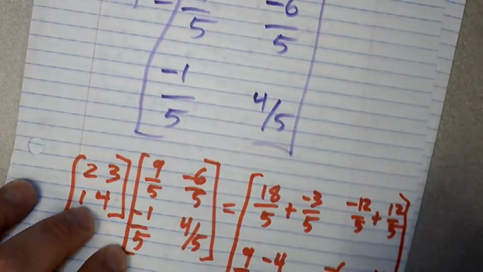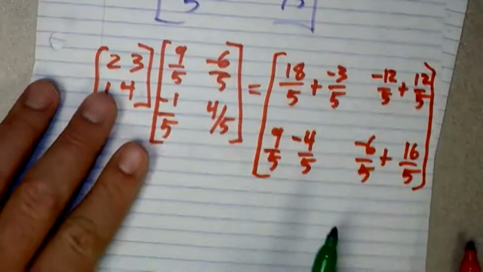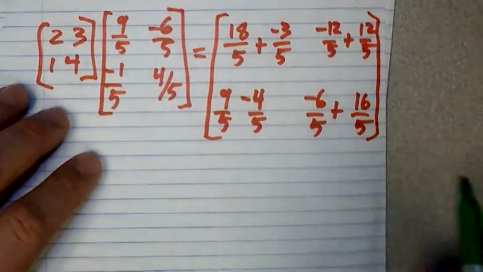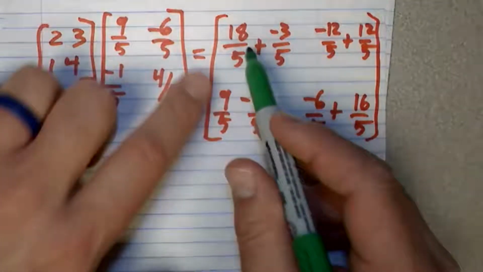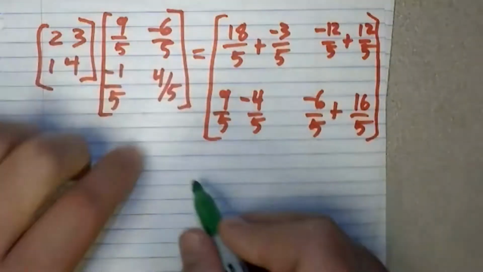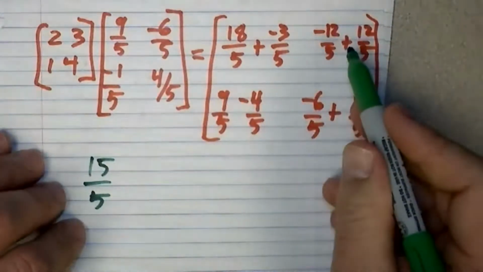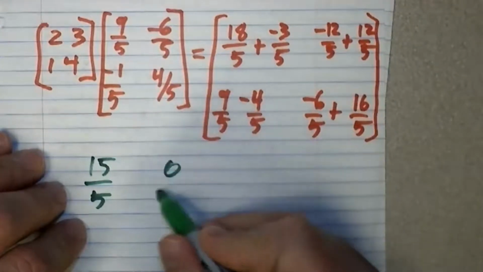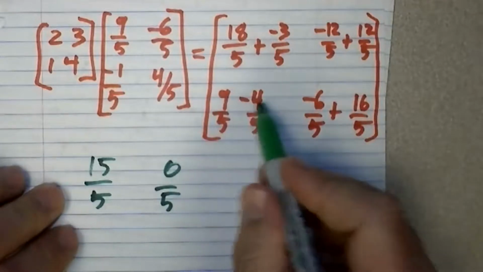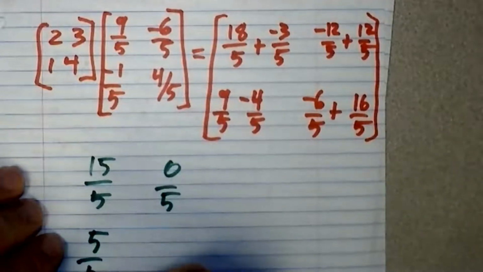Okay, now let's simplify that and identify any math mistakes that I've made. So 18 minus 3 is going to be 15 over 5. And then 12 minus 12 is going to be 0 over 5. 9 minus 4 is going to be 5 over 5.